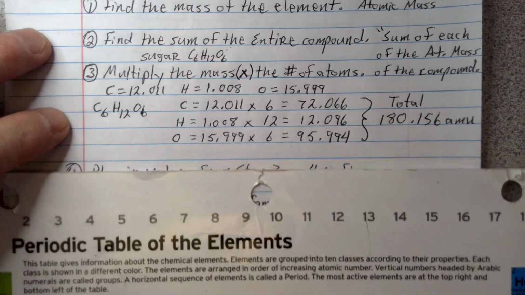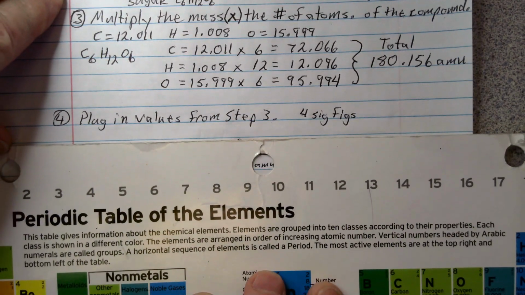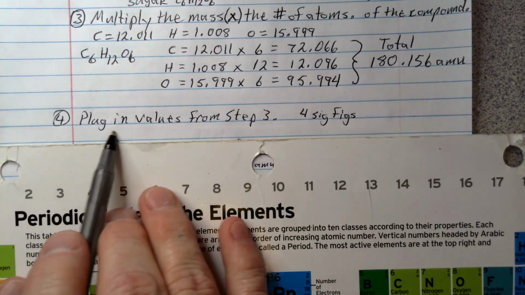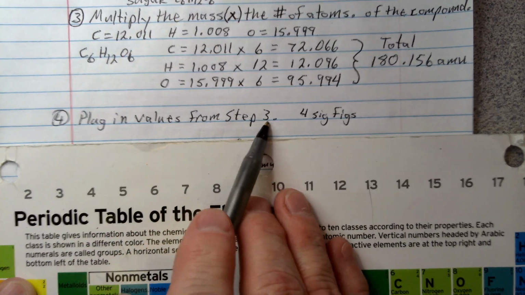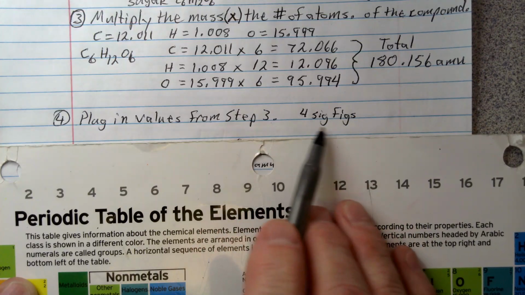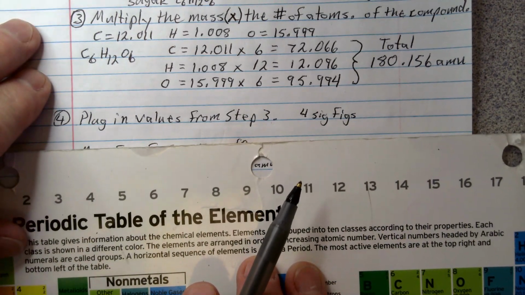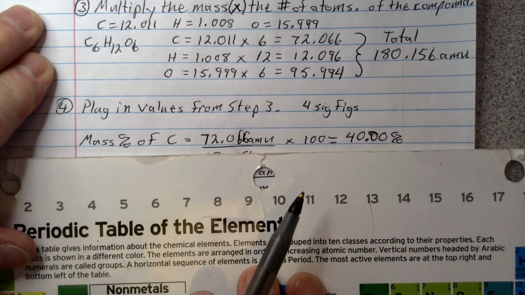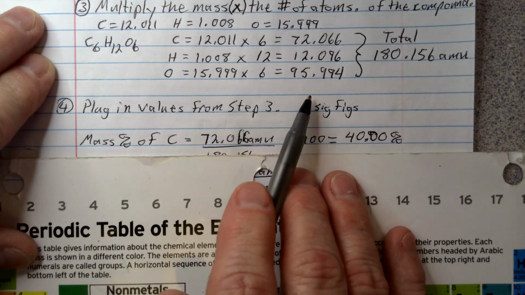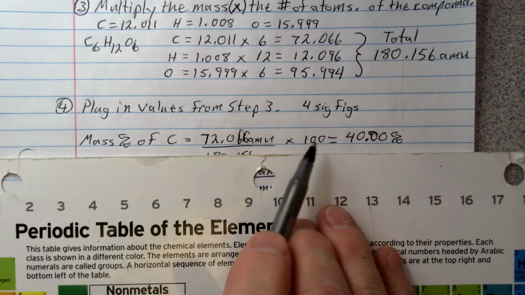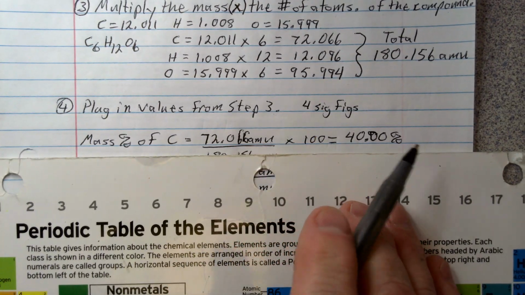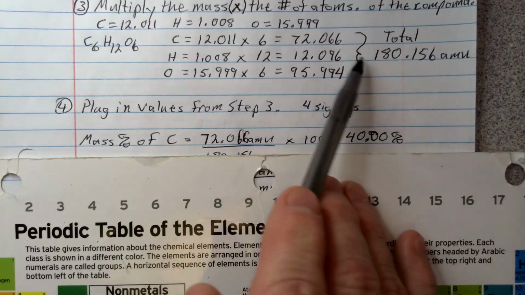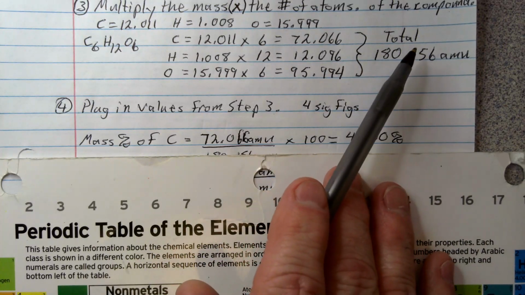Moving down now, let's go down to number 4. Number 4, we're going to plug in the values from step 3, and we're going to use 4 sig figs down here to do this. So now that we've found this, we can now work off of our percentage. So this was the first part, understanding and finding the molar mass.